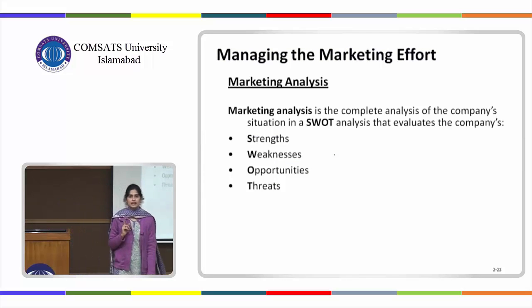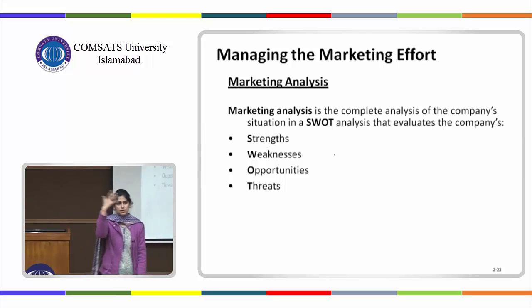Now before you plan, you need information from the environment, right? So I couldn't find the diagram that is there in your book, but if you see that diagram, there is marketing intermediary, there is public, there is what? Suppliers and competitors.